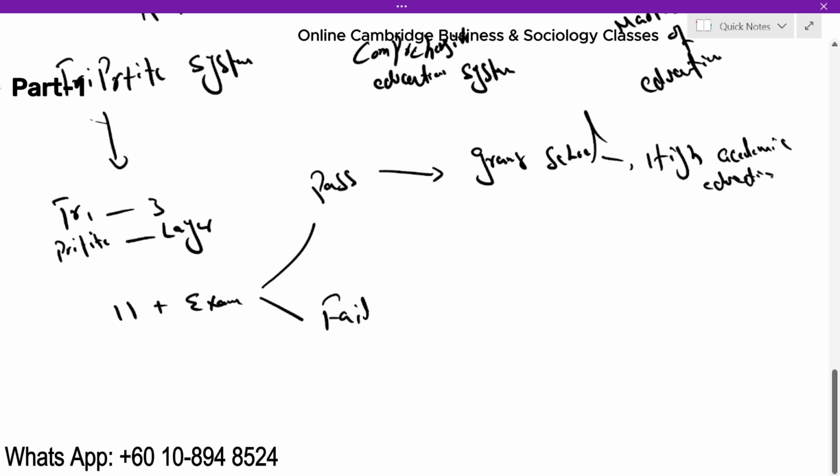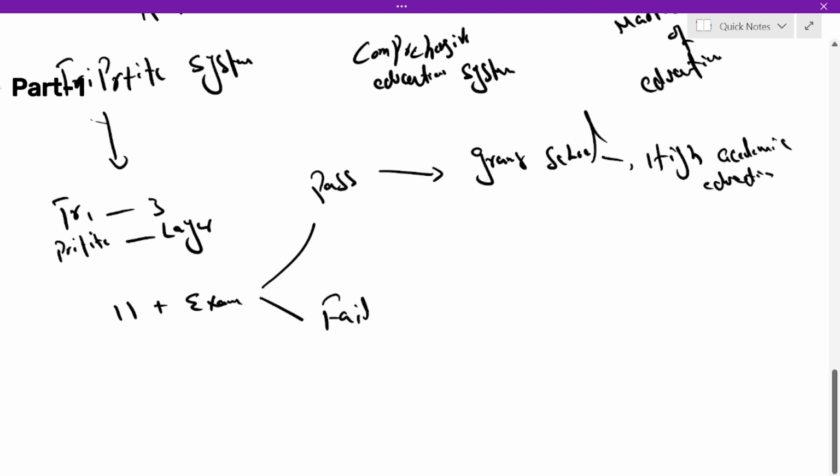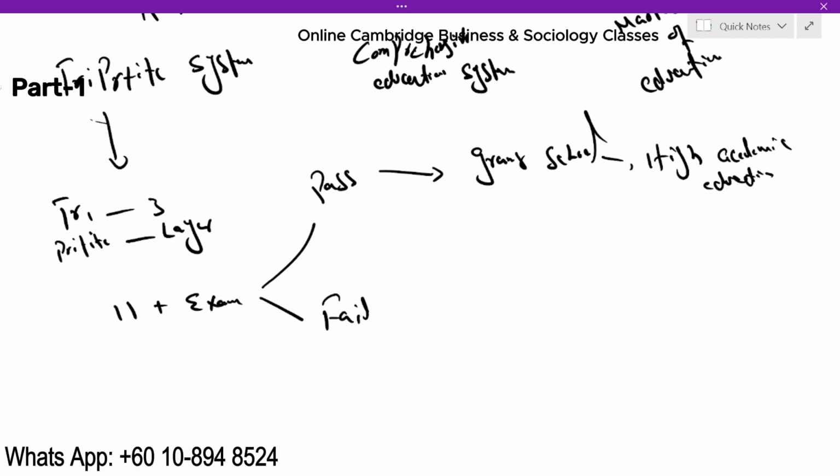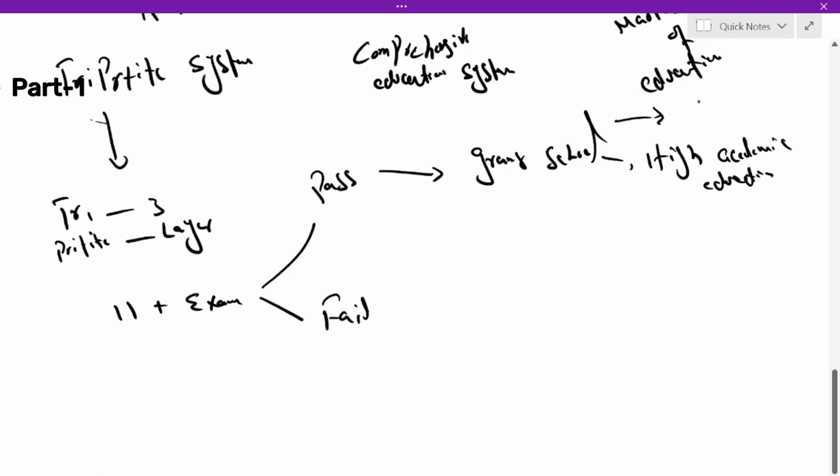Students go into the grammar school for high academic education, where they wear the blazer kind of dress and all that stuff, which was expensive, and which represents cultural capital. I will let you know how it represents cultural capital.